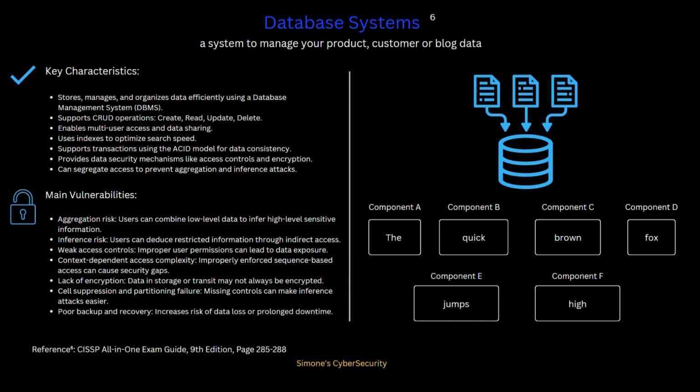Then you also have inference risk, which is when you can guess restricted data indirectly. For example, let's say salary details of employees are restricted in an organization, but if a user can see departmental averages and also knows the salaries of a few individuals in that department, then they can work backwards to infer the salary of the person whose data is supposed to be hidden.